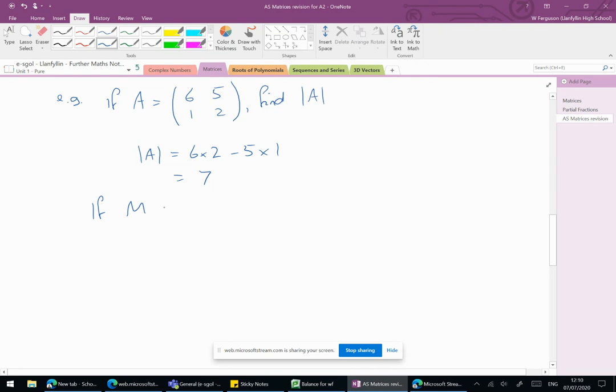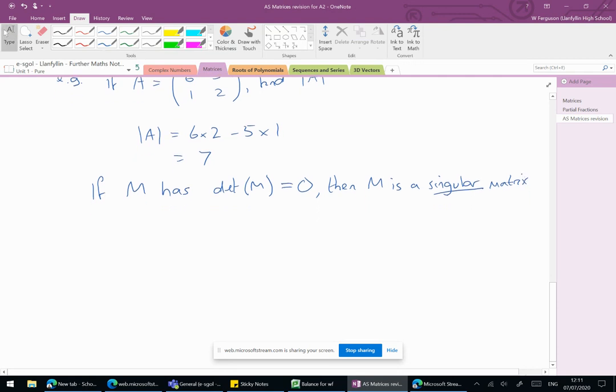If M has a 0 determinant, so if det M is equal to 0, then we say that M is a singular matrix. And that's significant in a variety of different ways, which we'll come to as we come across them. And obviously, if it's not equal to 0, then we call it non-singular.